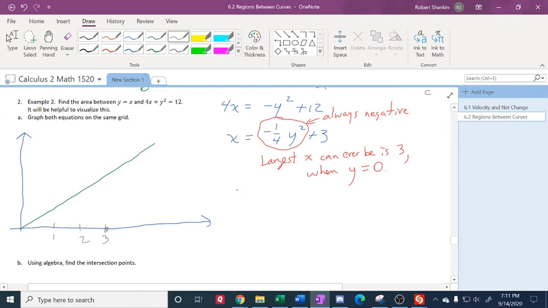And the y, whether it's positive or negative, makes no difference. It's going to give you the same x value. So when the y is, let's say, 1, or the y is negative 1, you're going to be subtracting 1/4 from the x, and so it'll be a little bit smaller.